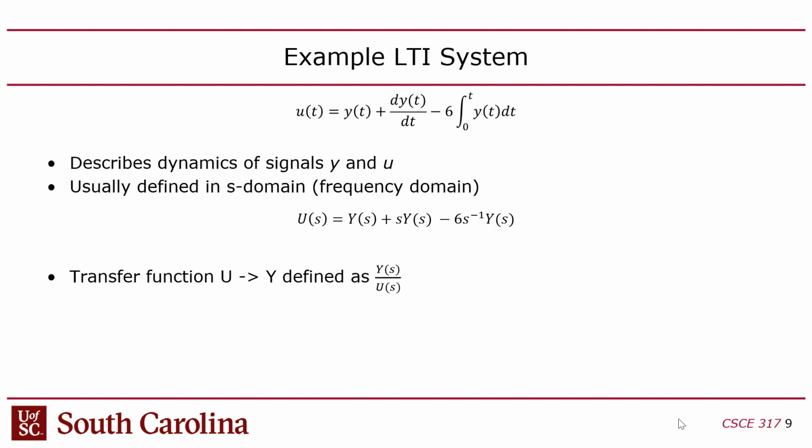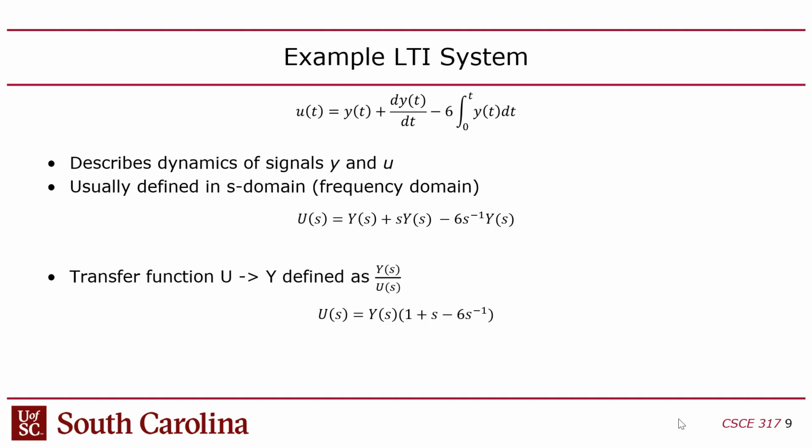Does that make sense? So for example, in order to do that here, this equation just describes the dynamics between u and y, right? But if I want to structure this where y is the output and u is the input, then I want to format this as a transfer function. And for the transfer function, I just have to solve for y of s over u of s.